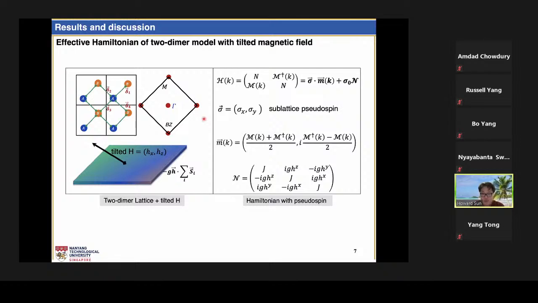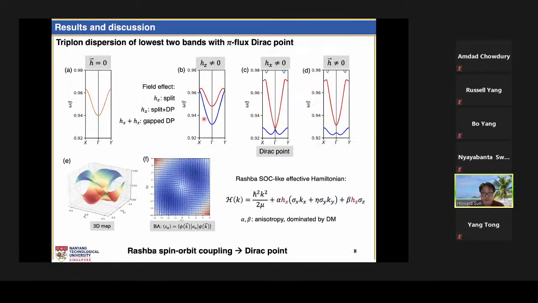With this Hamiltonian, we find that the lowest two bands can hold a pi flux. It can hold Dirac points. By studying the field effect, we can see that, for example, if we have an out-of-plane component of the magnetic field, the band can be split. However, if we have an in-plane magnetic field, we can shift the band and create a Dirac point here.